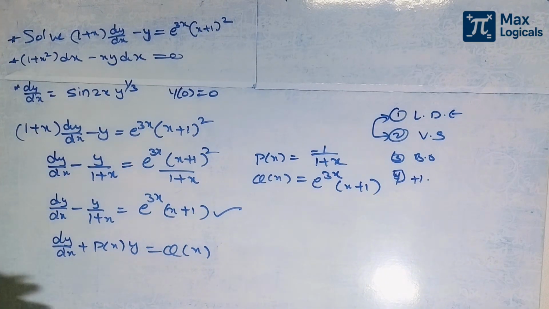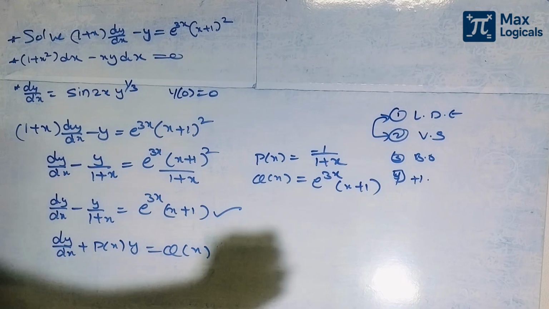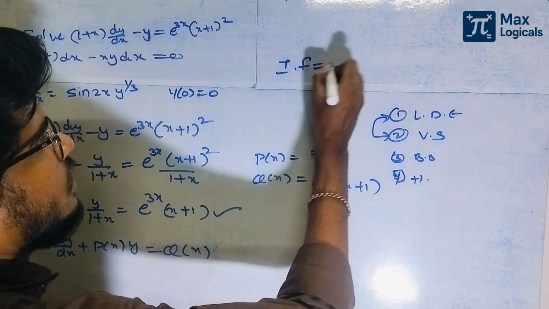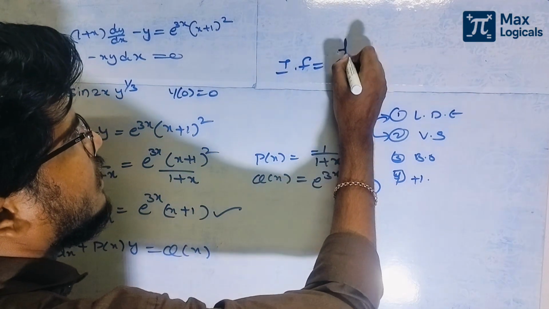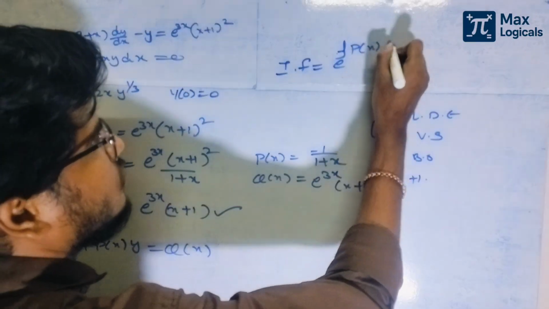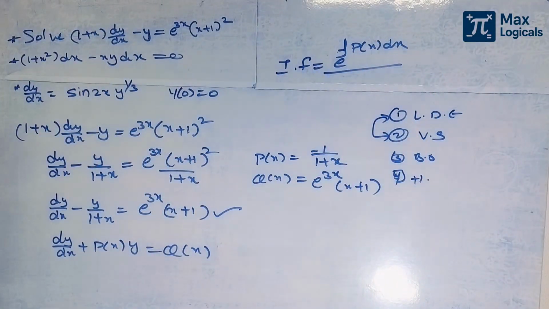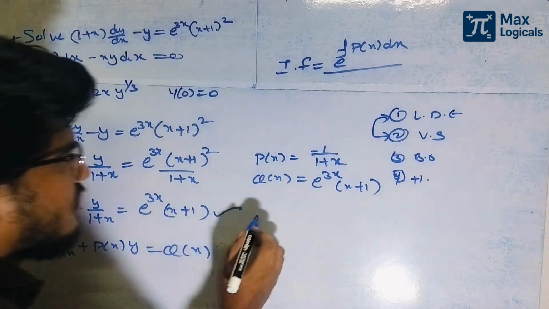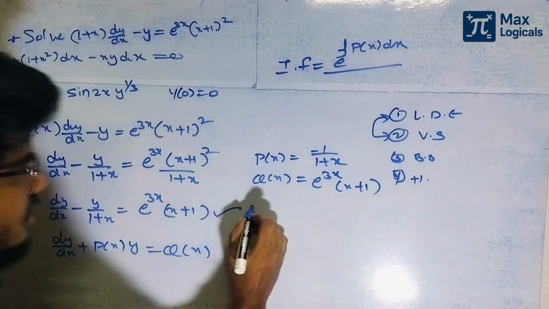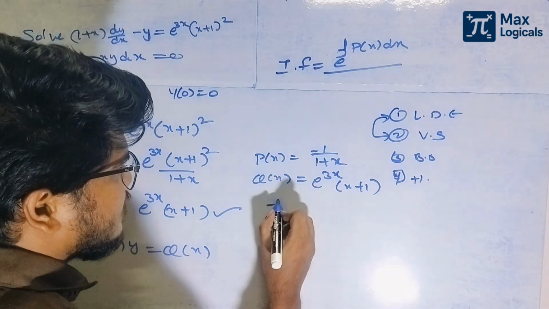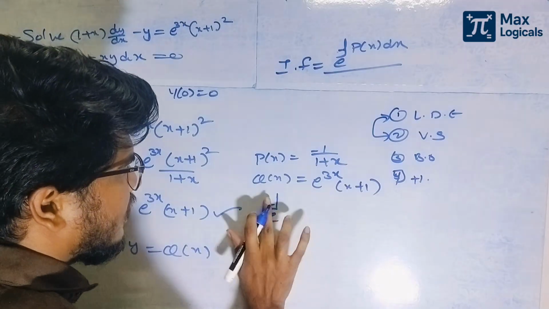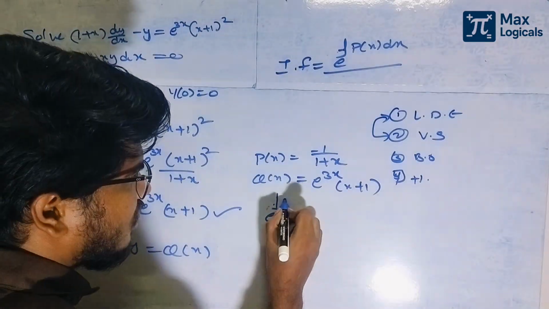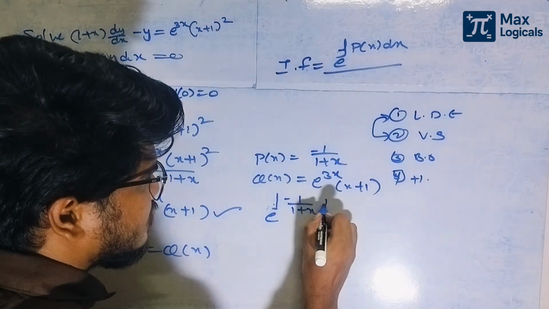Now we find the integrating factor. What is the formula of the integrating factor? The integrating factor is e^(integral of p(x) dx). Now finding the integrating factor of this differential equation, that is e^(integral of -1/(1 + x) dx).